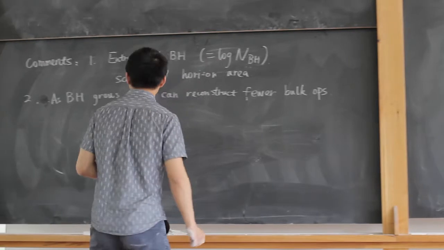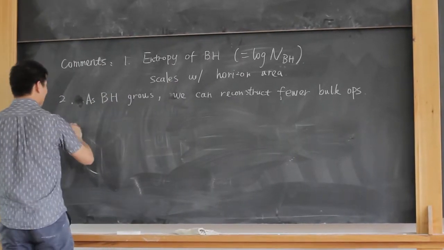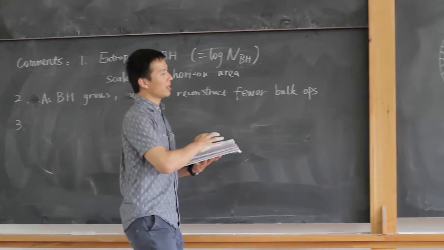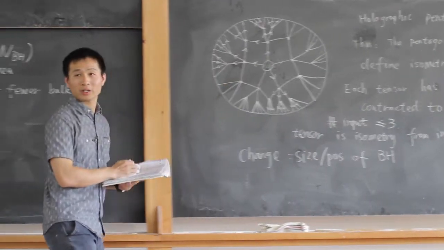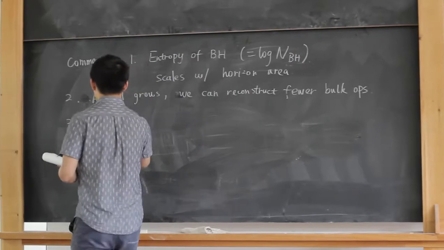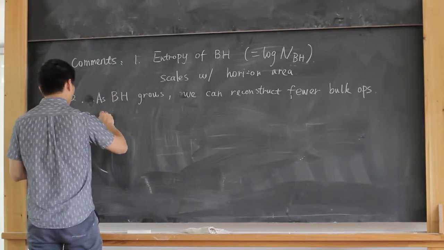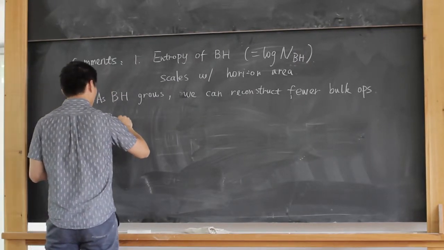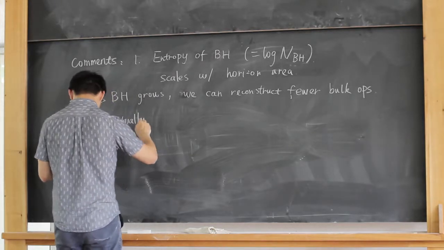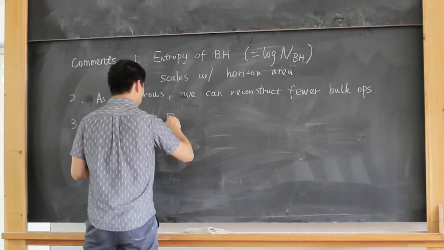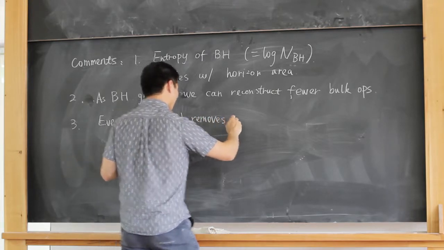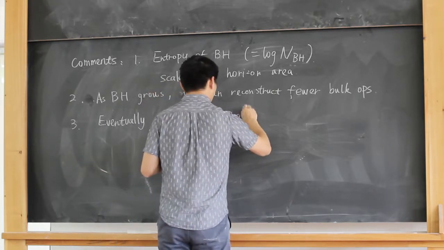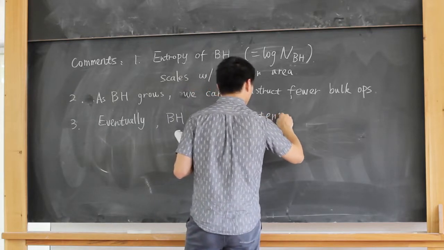And eventually, if we think about a really big black hole, we can make the black hole as big as it can be in this tensor network. What that means is, if we do this to the extreme, the black hole removes all the contracted legs and removes all the tensors.